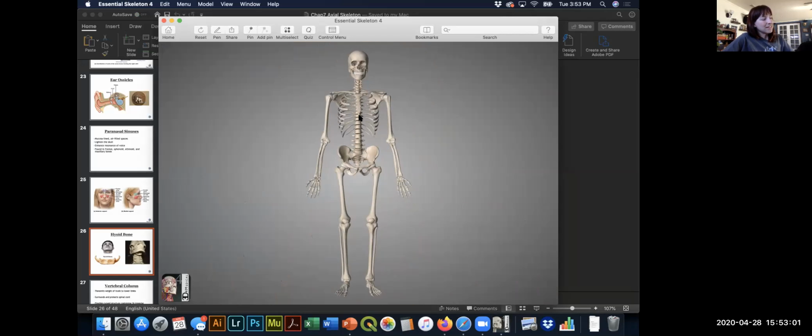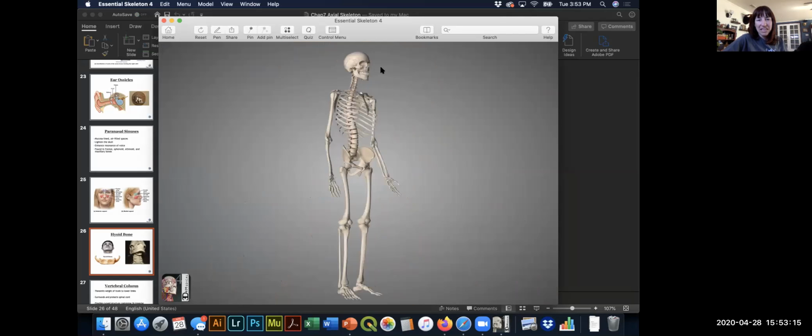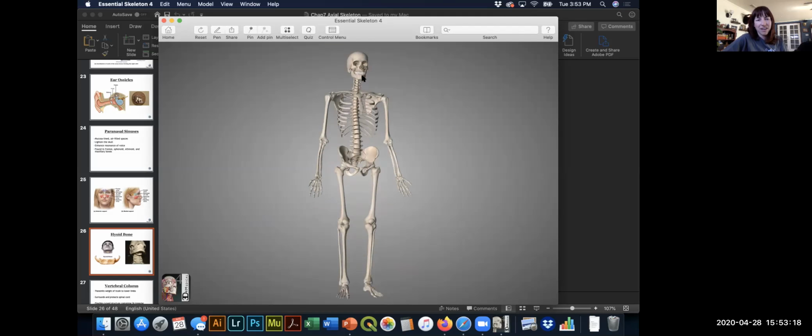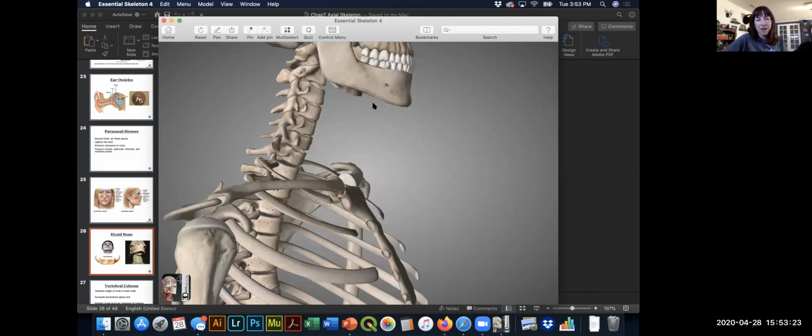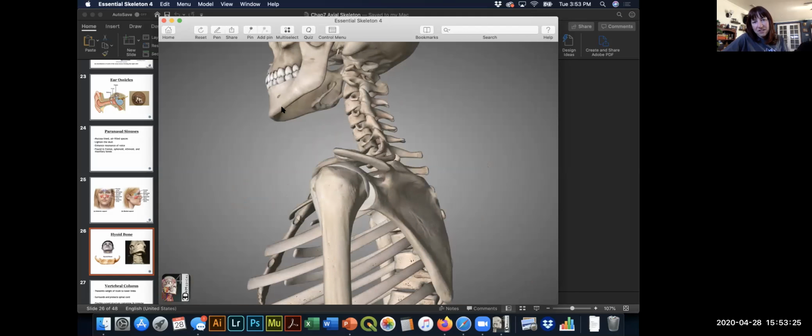I think it's a residual leftover from the formation of jaws from pre-jaw animals with gills. I'm not sure, and I'm not asking you to know that. What the purpose of the hyoid bone is, don't worry about it. It does connect via ligaments to the styloid process, but I'm not requiring you to know that.